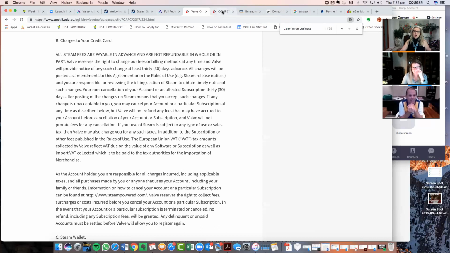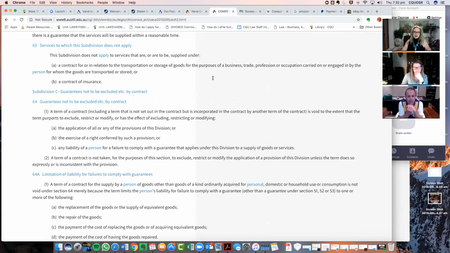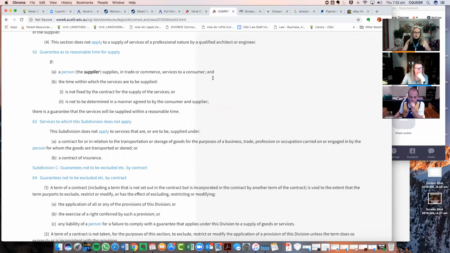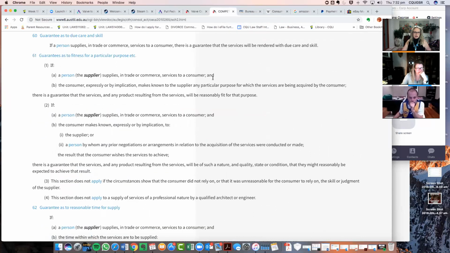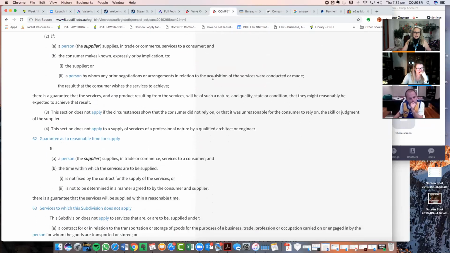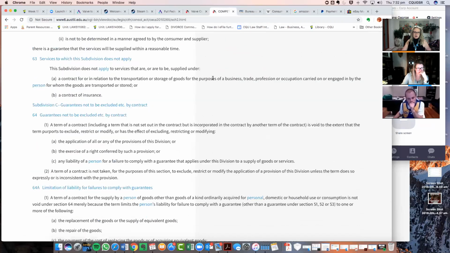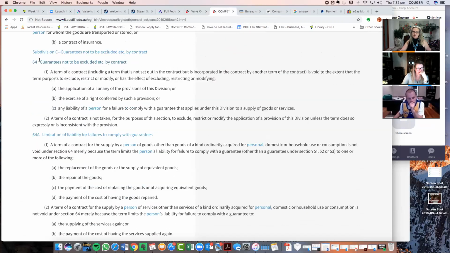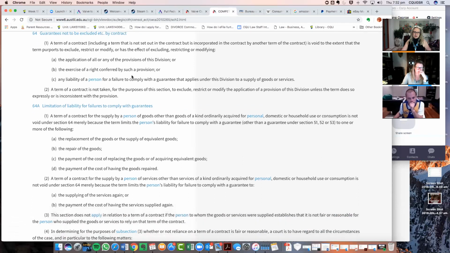Too long ago. Okay, so if you have a little look, you would have probably looked at section 64, guarantees not to be excluded by contract. Yeah. So that's one nice little provision, obviously, that you need to be aware of.